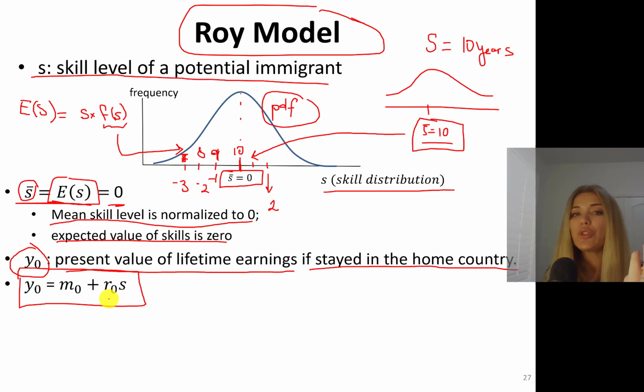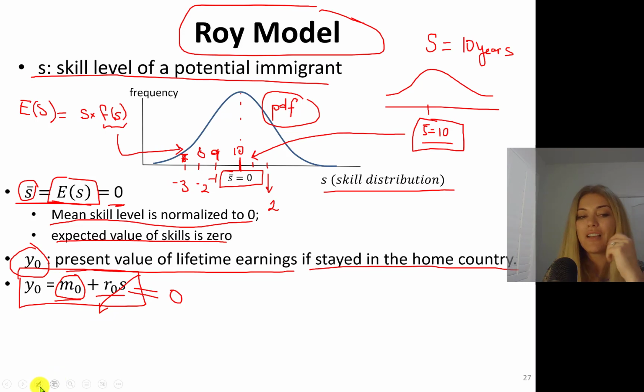R0 is the return to your skill in your home country. And M0 is the income of an average person in the home country. Whenever your skill level is 0, this will disappear, right? If you're an average man, you're going to make M0, the present value of lifetime earnings at home.